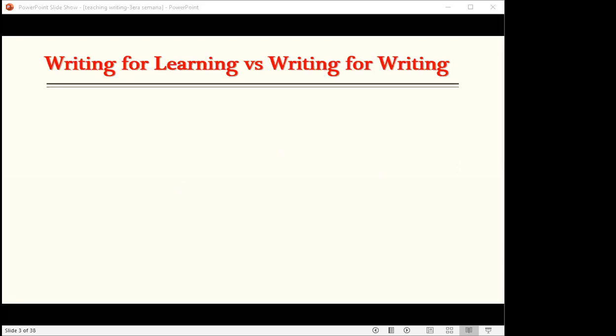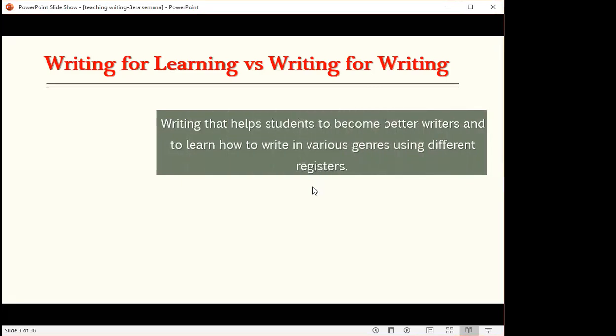Yeah, you have here one of the points that is related to writing for learning. Here the purpose of these kind of activities is that they are going to reinforce some grammatical structures, some vocabulary items. So notice here we are going to talk about this in order to make a fast review.